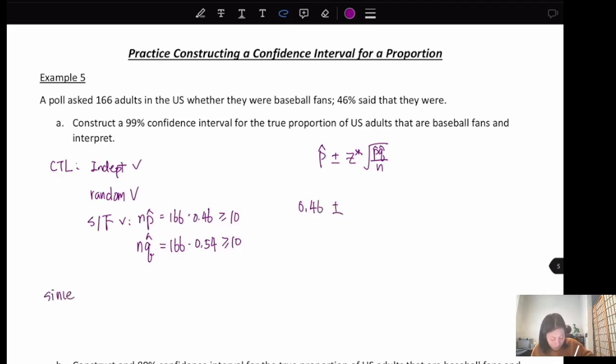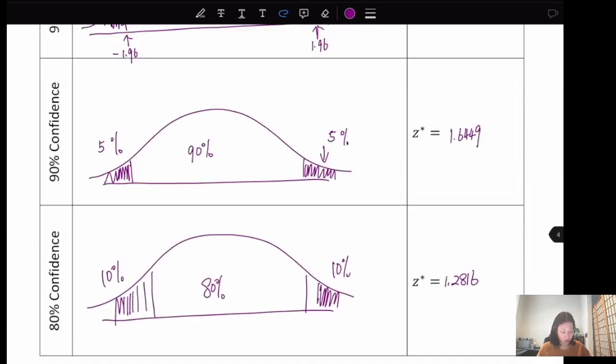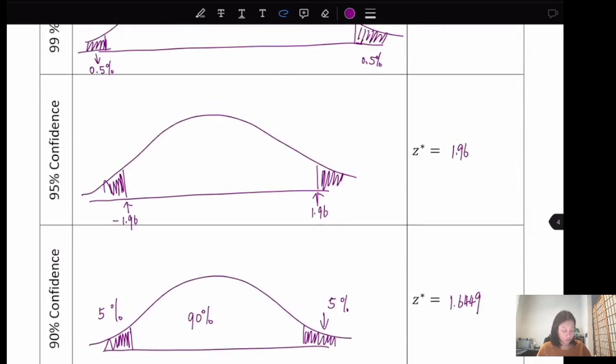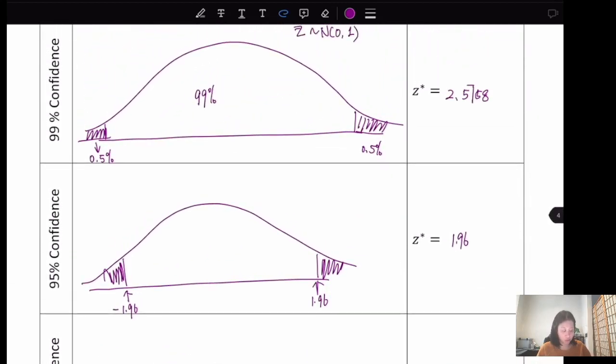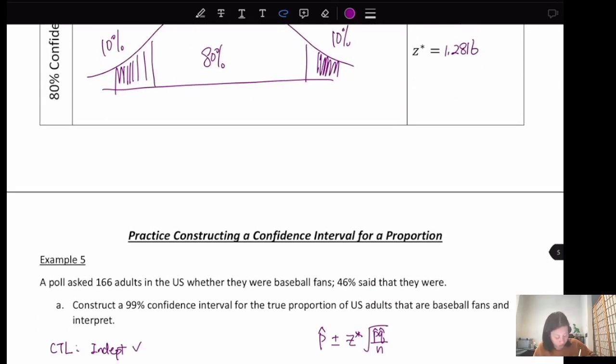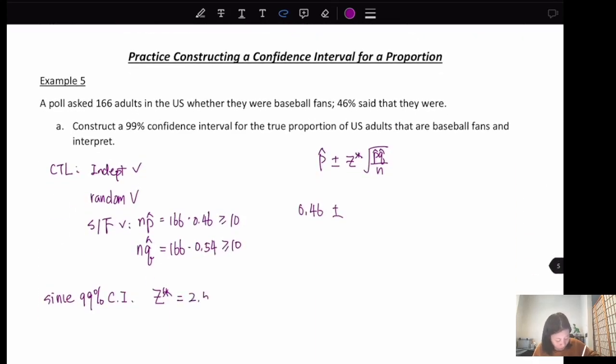Since we're constructing a 99% confidence interval, the z-score, which we found earlier in the previous lecture video, is 2.5758.